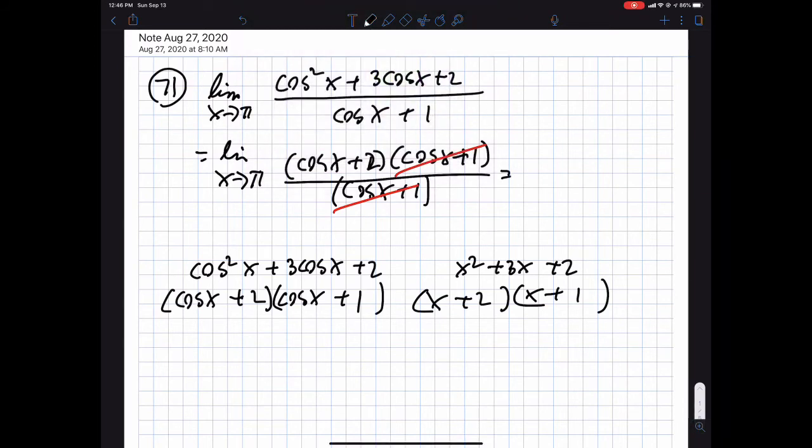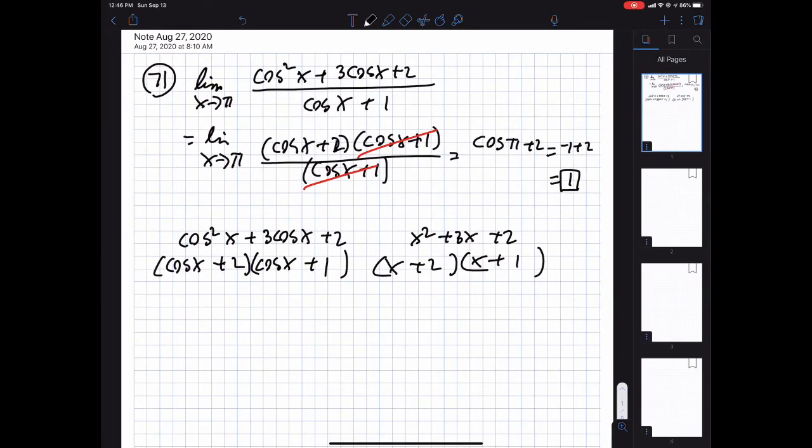The top is continuous: cos is continuous, 2 is continuous, and if you add those, it's continuous. So how do you find the limit of a continuous function? You just find the value at the point. So it's cos pi plus 2, that's negative 1 plus 2, and that's going to be 1. There is number 71.